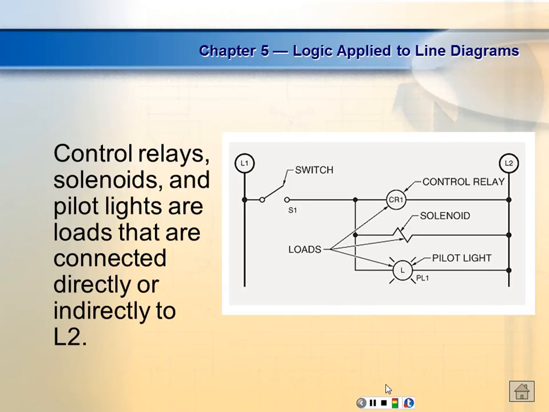So what's between L1 and the load is going to be control devices, and there's nothing going to be between L2 and the load unless it is a magnetic motor starter. The only thing you'll ever see over here is overloads. And that identifies the relay as a magnetic motor starter. So if it's not a magnetic motor starter, there's not going to be anything between L2 and the load, right? Everybody okay? Yes or no?